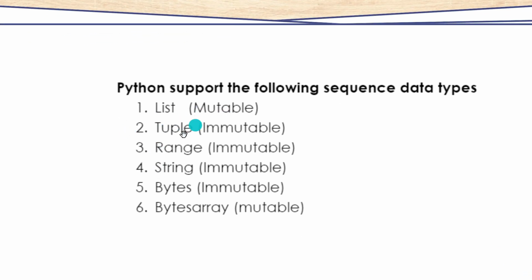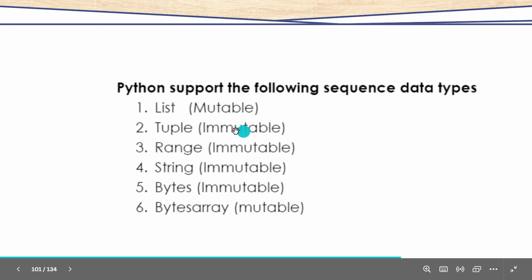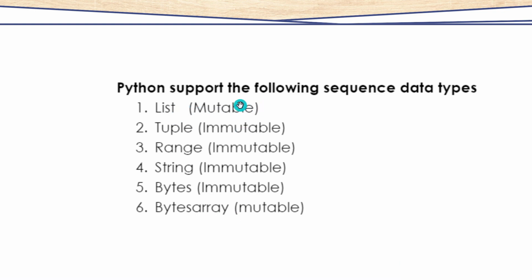List is a sequence, tuple is a sequence, range is a sequence, string is a sequence, bytes is a sequence, and byte array is a sequence. But list is mutable. Mutable means changes are allowed. Tuple is immutable, range is immutable, string is immutable, bytes is immutable.